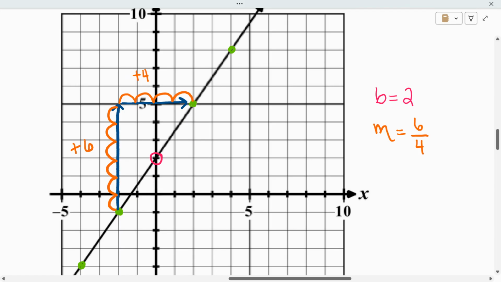Can we simplify that at all? What if you don't know if you can simplify it? What could you do? Yes, we can divide by 2. Absolutely. But what if we picked up our calculator and we just put 6 divided by 4 in our calculator? Can you guys do that?